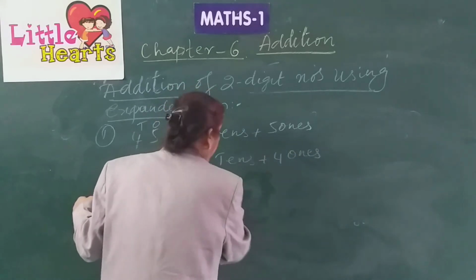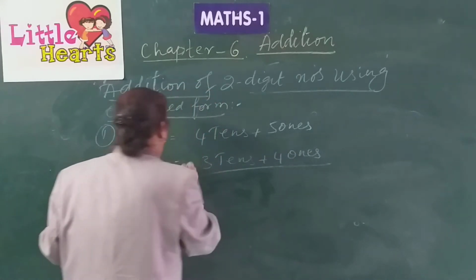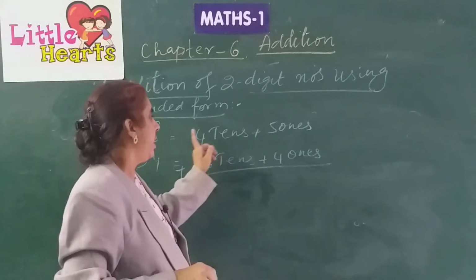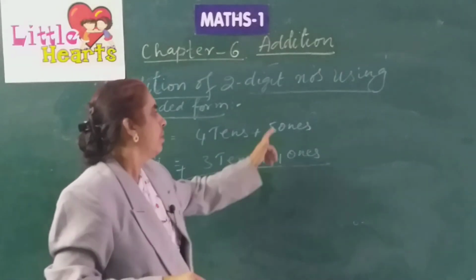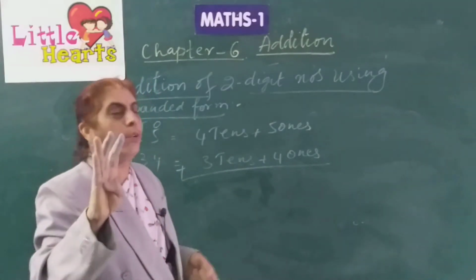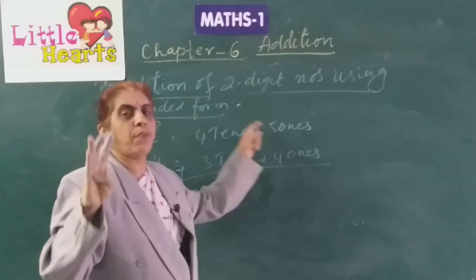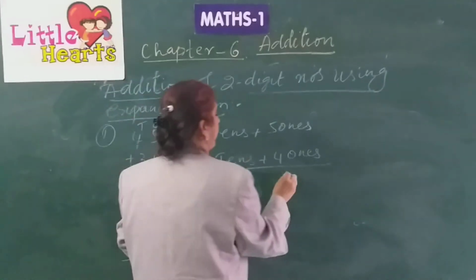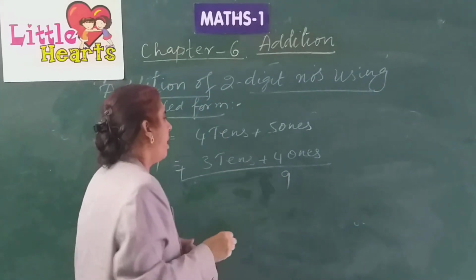Now, add these two. Always start adding from the ones place only. Never start from tens. 5 plus 4. 4 fingers after 5: 6, 7, 8, 9. 9 ones.